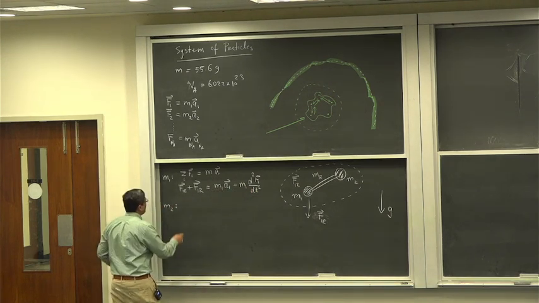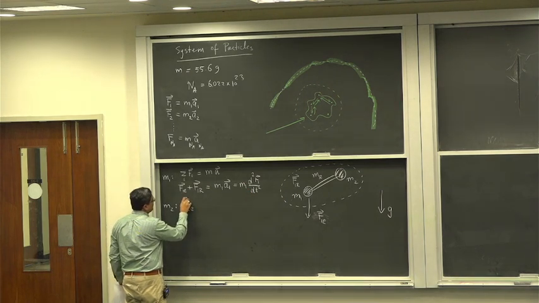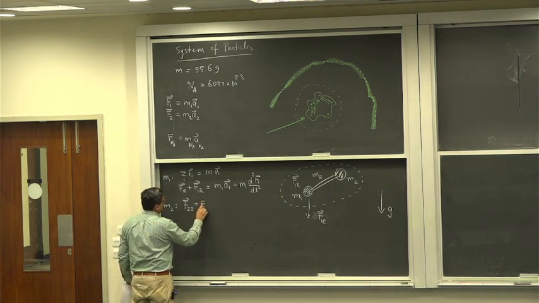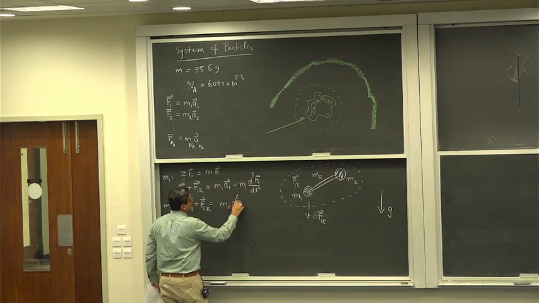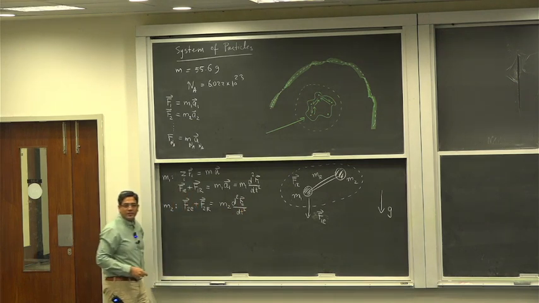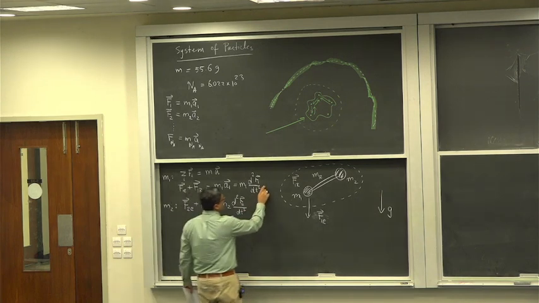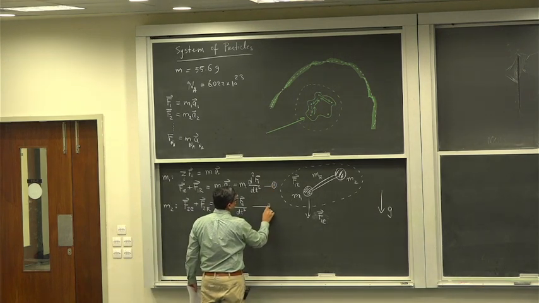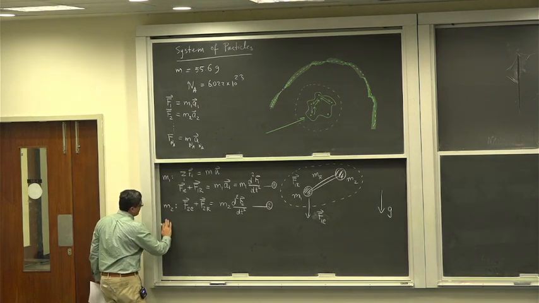So now for m2 I can again write F2E plus F2R is equal to m2 d squared r2 over dt squared, right? Let's call this equation 1. Let's call this equation 2. And now I need a third equation.